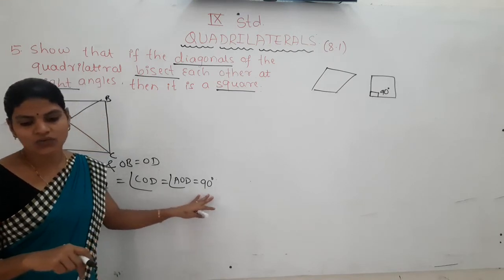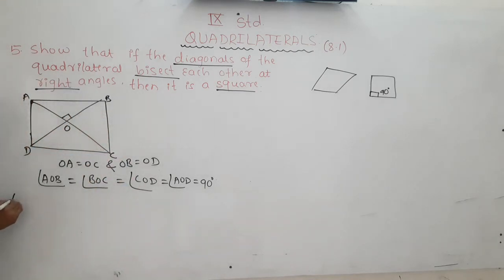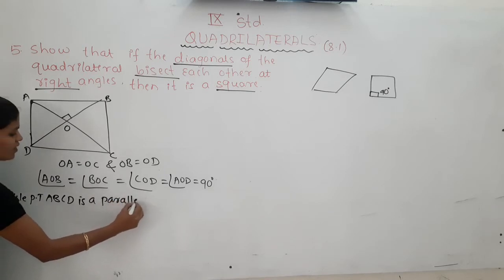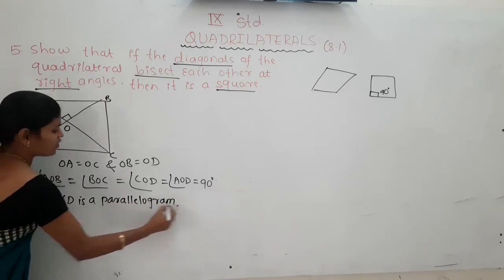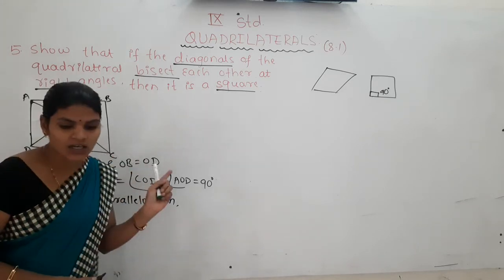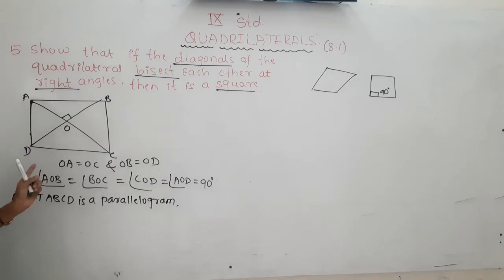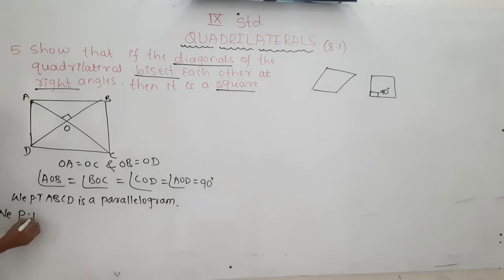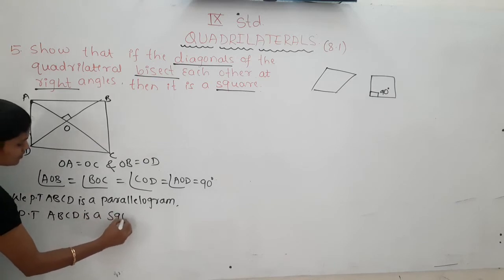So now we have to prove first that ABCD is a parallelogram. If the parallelogram has all its sides equal, and also any one angle is 90 degrees, then we can say this is a square.